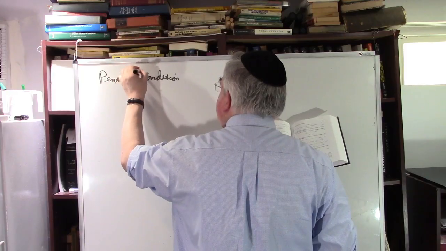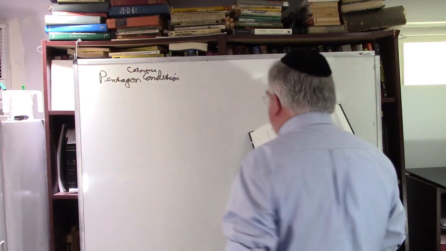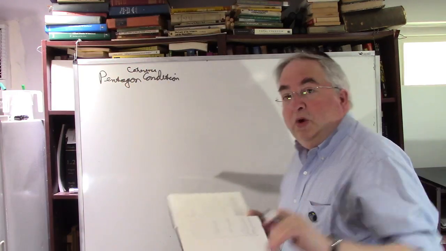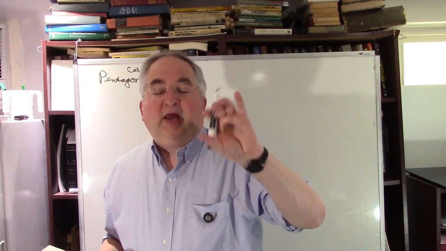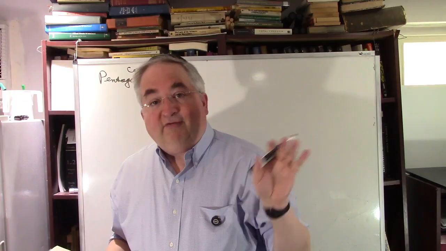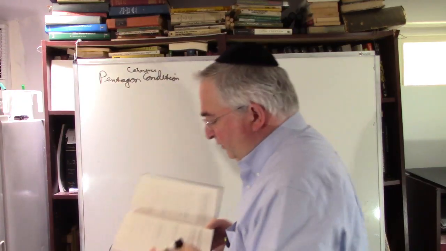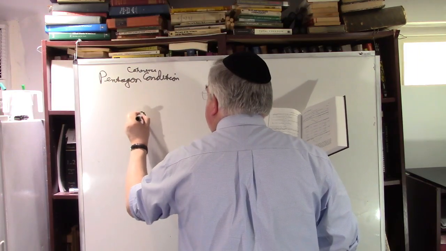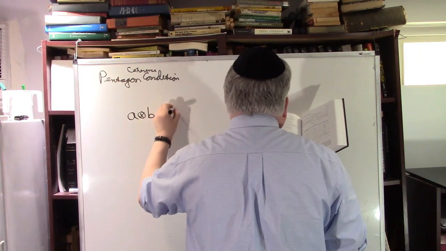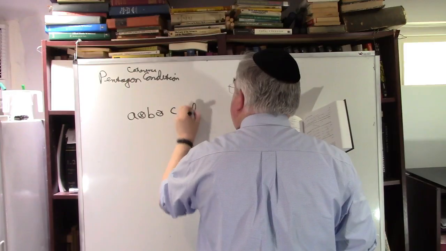What it's about is not when you deal with A, B, and C, but what happens when you deal with A, B, C, D, when you have 4 different letters. So I'd like to draw it. A tensor B tensor C tensor D.